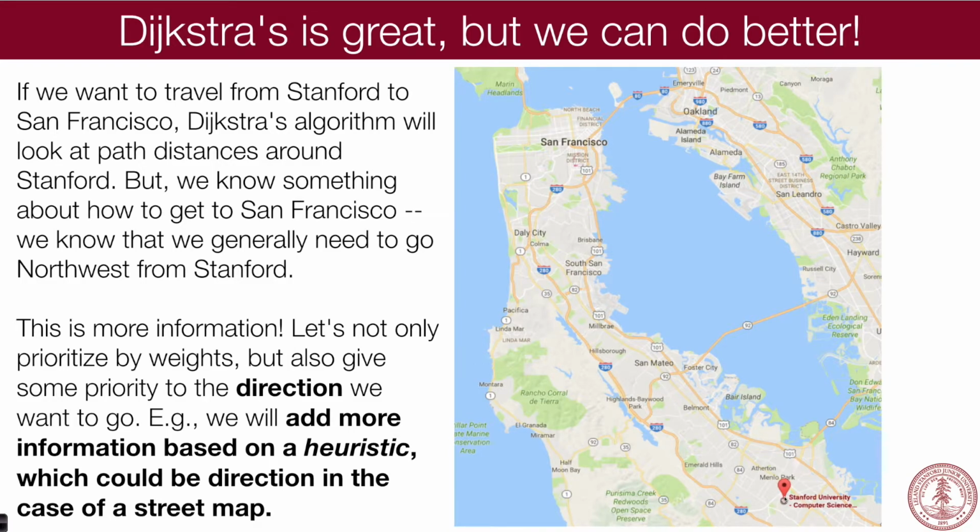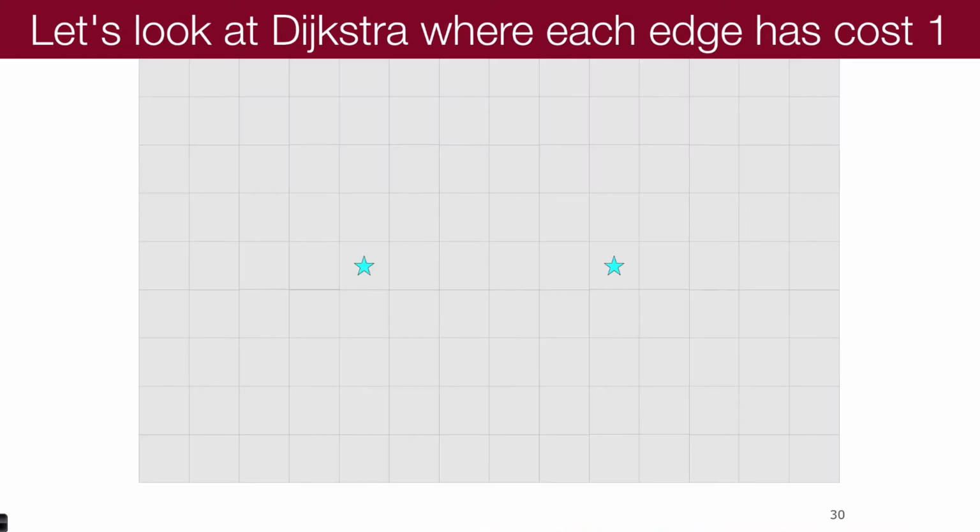Use the priority of the particular neighborhood, but also preferentially choose the direction to go based on the direction we know that we will eventually end up. It doesn't always work perfectly, but as long as you know something, some more information, we can do better. Okay, so let's see how that works.